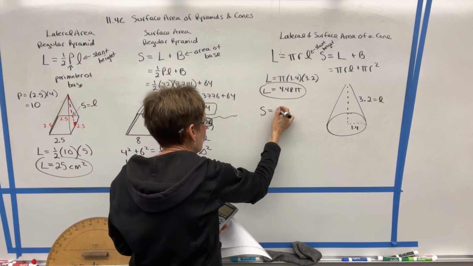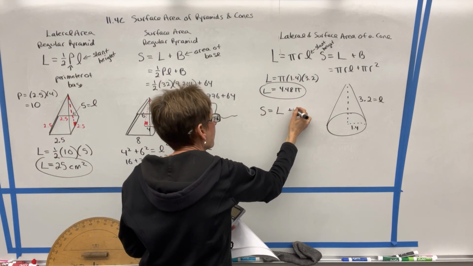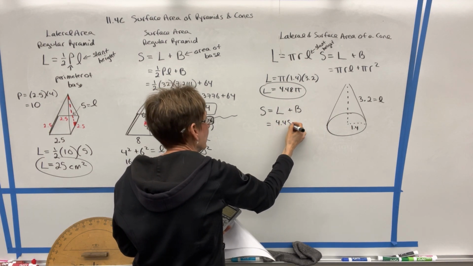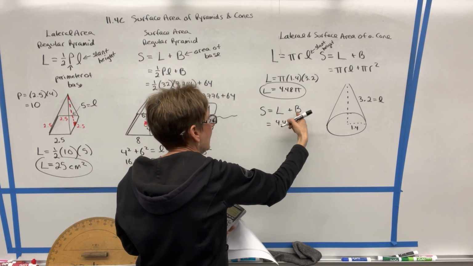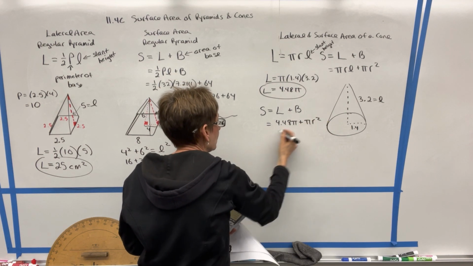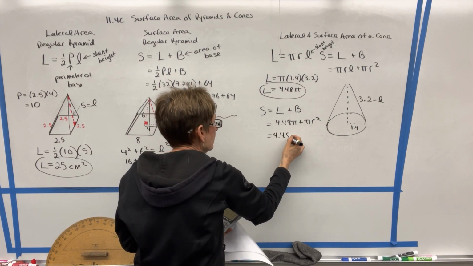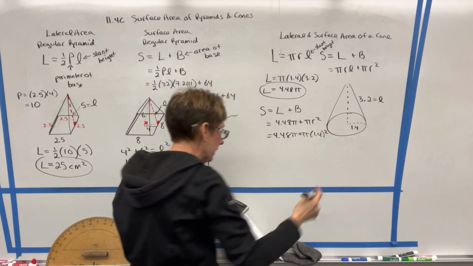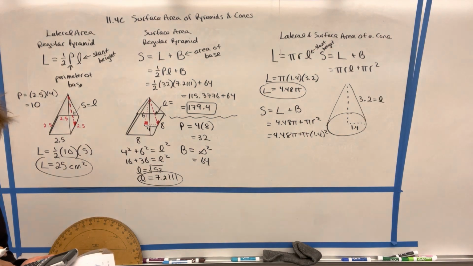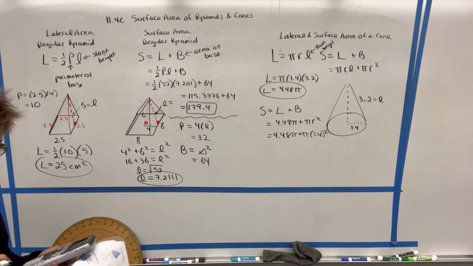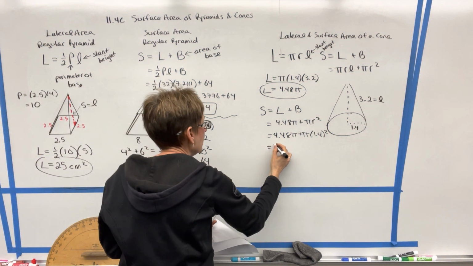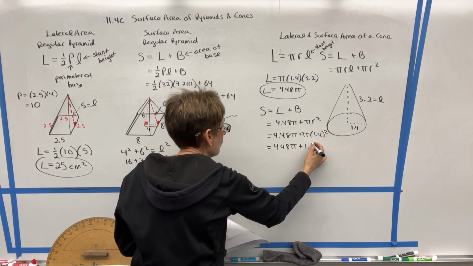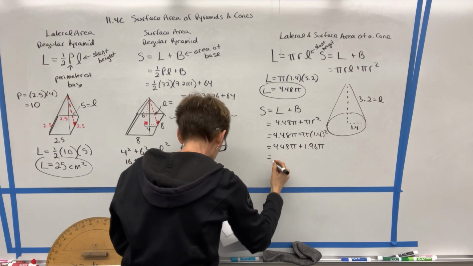However, if I want the total surface area, I need to take that number that I just found, the 4.48 pi, and add my base, which is pi R squared. So I'm going to have pi times 1.4 squared. When I do my exponents first, I'm going to square 1.4. So now I have 4.48 pi plus 1.96 pi.